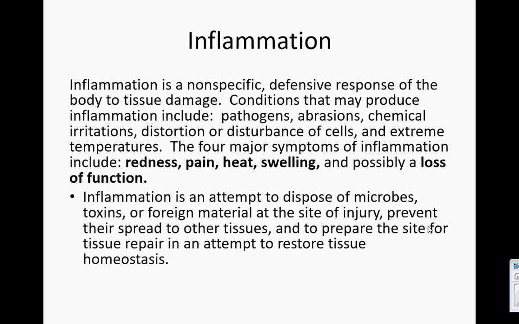Four major symptoms of inflammation include redness, pain, heat, swelling, and then a fifth, which is a possible loss of function. I like to think of one of the easiest examples of this, which is a pimple, which is inflammation in an oil gland in your skin. We've all had pimples before.